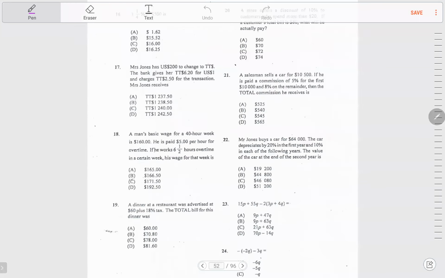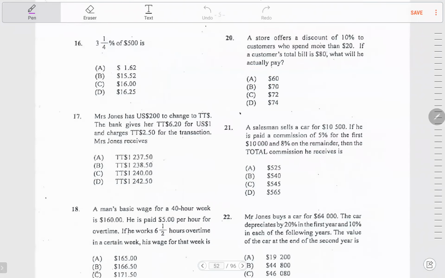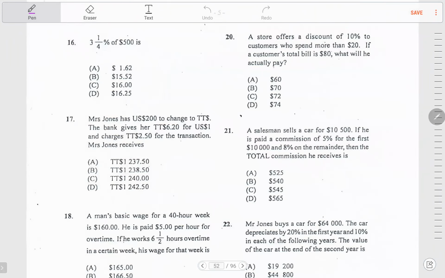All right, moving along. This one, 3 1/4% is 3.25%. So for a question like this, just write it as 3.25 over 100 times 500. Then these cancel, and so it's 3.25 times 5.